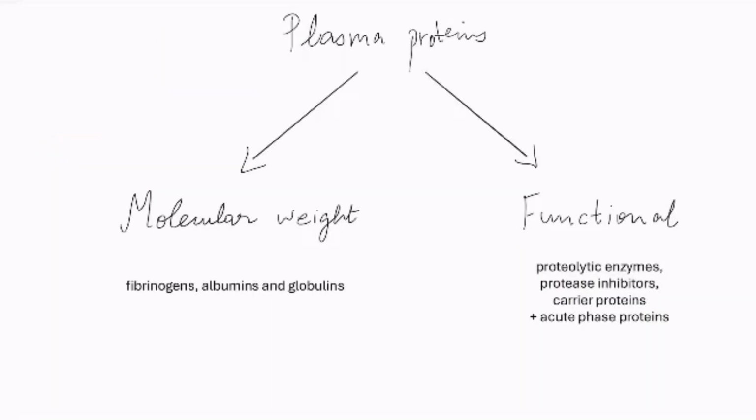Broadly speaking, plasma proteins are classified based on two systems. One is based on their molecular weight, and in this we have the albumins, globulins, and fibrinogens. And functionally speaking, we have the proteolytic enzymes, protease inhibitors, carrier proteins, as well as your acute phase proteins. So let's look at this in a little bit more detail.